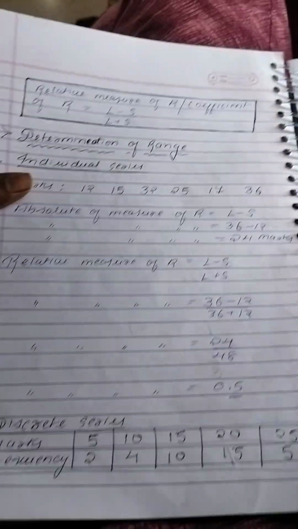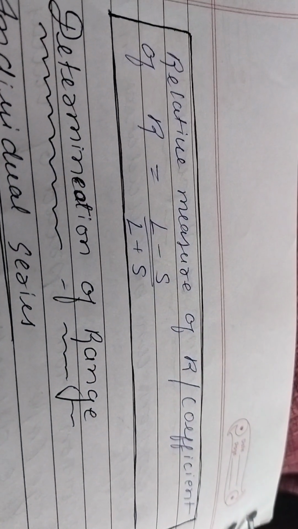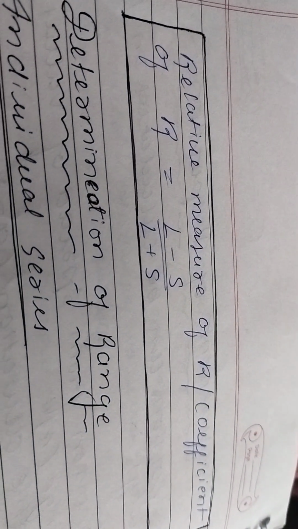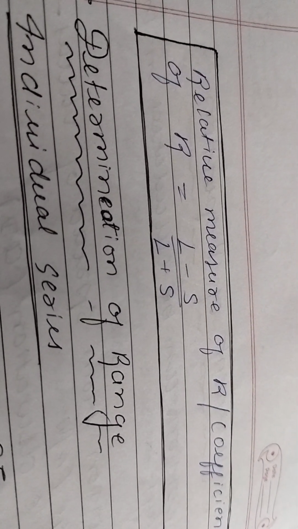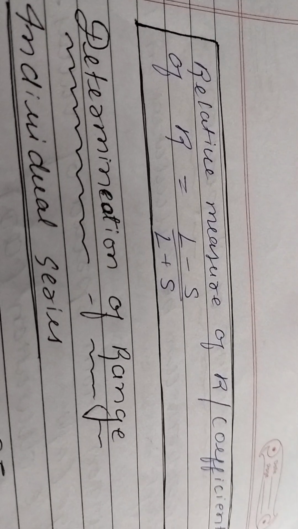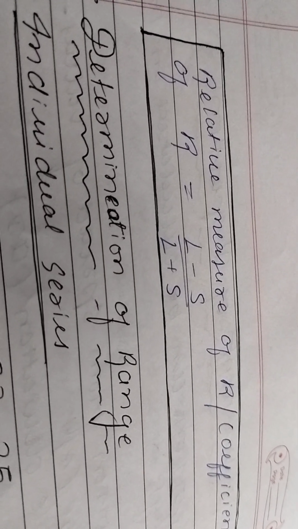But to calculate the relative value, the relative measure of R, the coefficient of R, is L minus S divided by L plus S. So it is the largest value added to the smallest value.